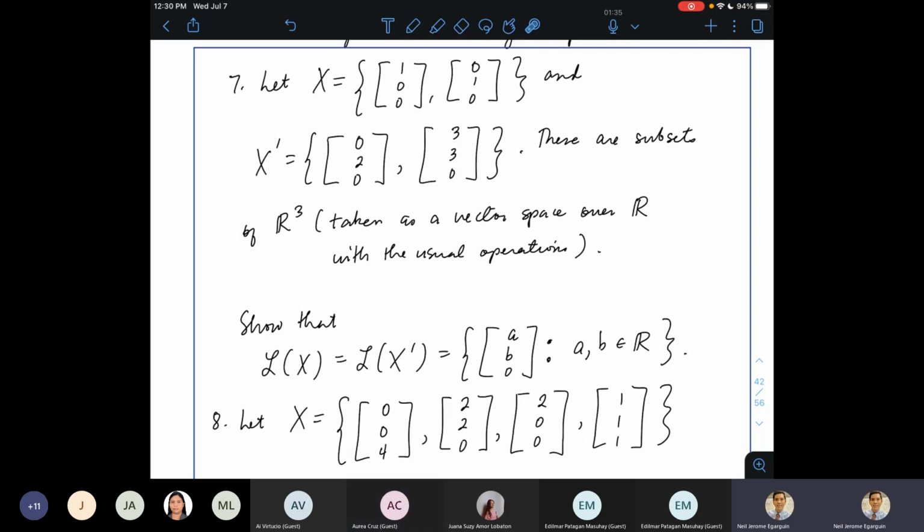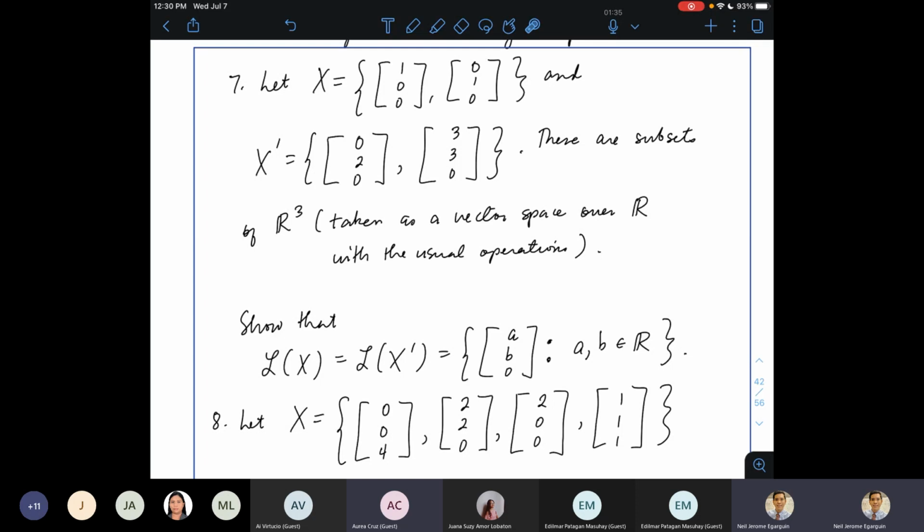Yes, Ma'am Al? Sir, to prove that exercise, it's enough that we compute for the coefficients of the linear combination of L of X prime in terms of alpha and beta, in the way you did in the example kanina.